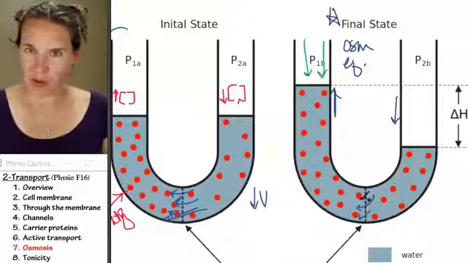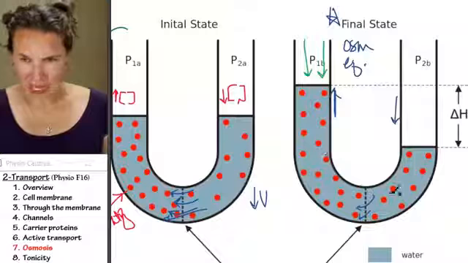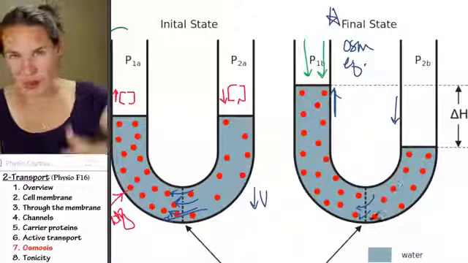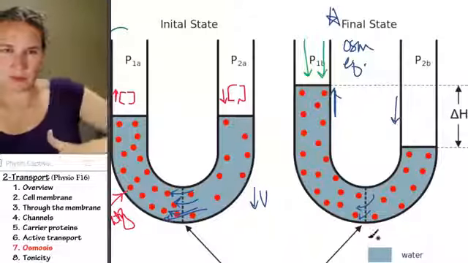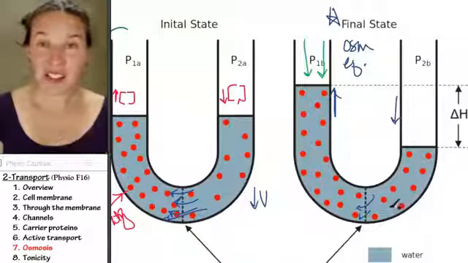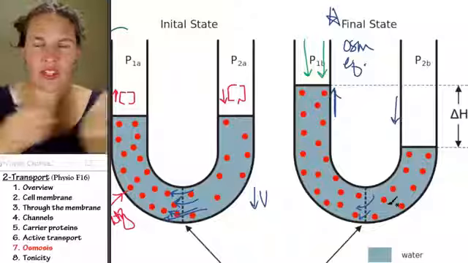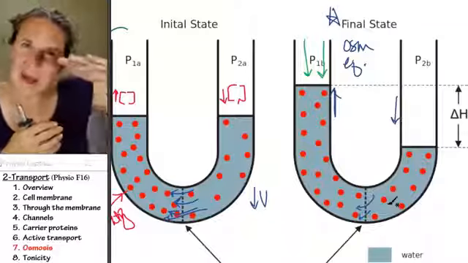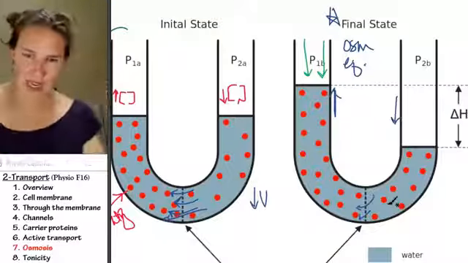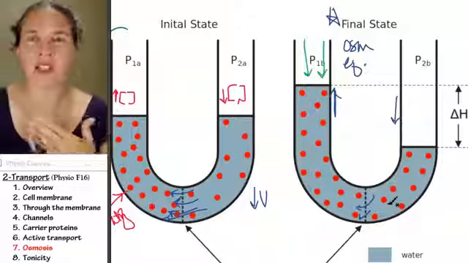The particles can't go through, but I squeezed the water back over here by applying pressure. That's osmotic pressure. You can do work with the fact that water is going to rush over to that side. We can expand things if water is moving.